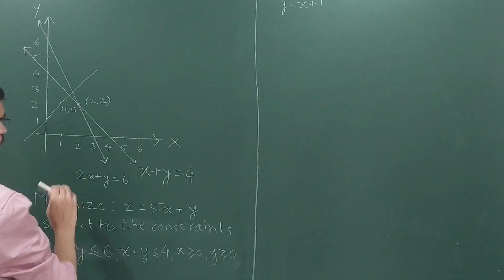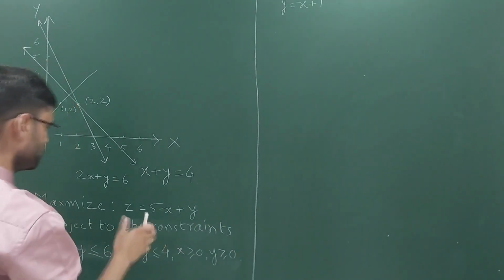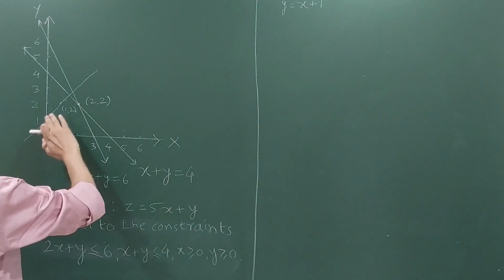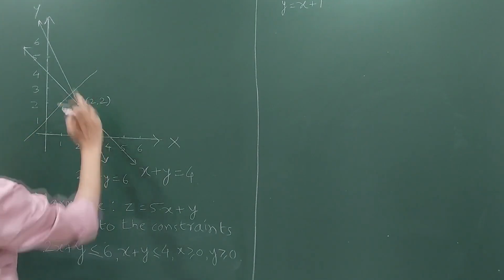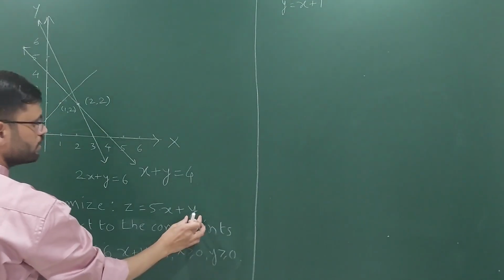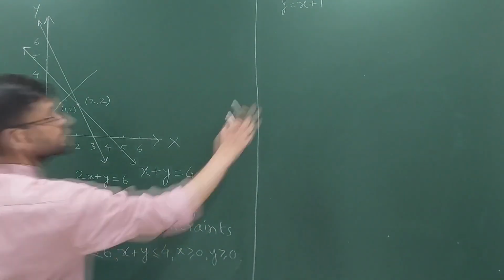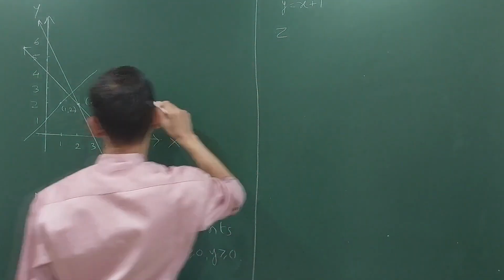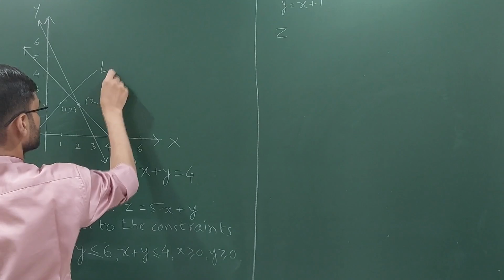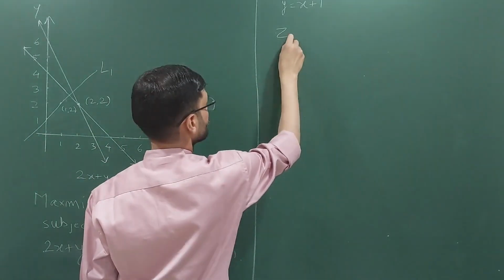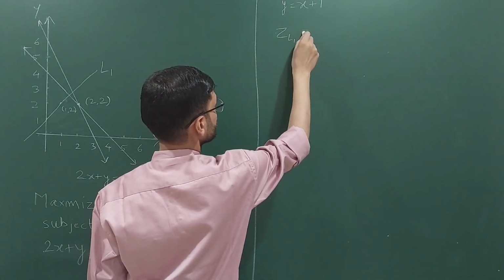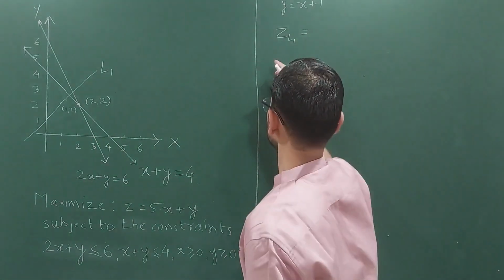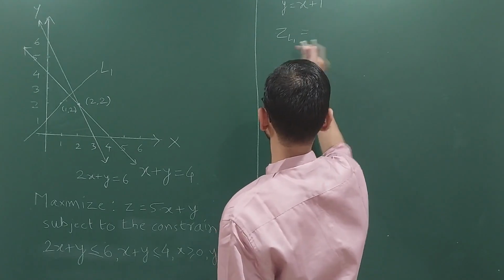Okay, so now in order to find out how this objective function behaves along this line, we can substitute for y using this equation. So z along this line, let's call this line L1, let's say. How does z behave along this line L1?